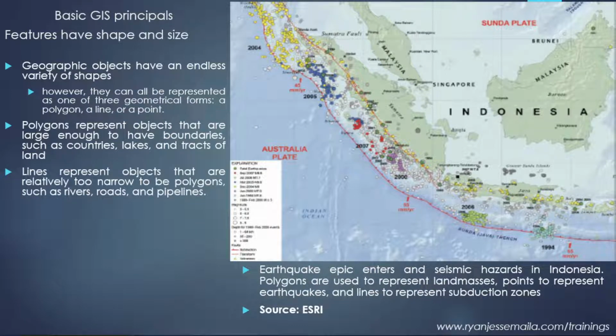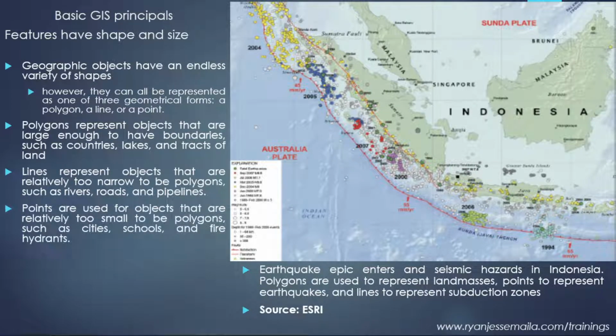You could use lines to represent objects that are relatively too narrow to be polygons, and these are rivers, roads, pipelines, ZESCO lines, railway lines, etc. You use points for objects that are relatively too small to be polygons, such as cities, schools, fire hydrants.